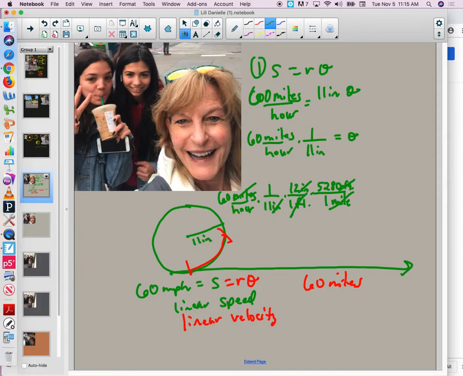Do y'all have any words on the top? There's no words on the top. What was theta in if you're using S equals R theta? Radians. So this number is in radians per hour. All right, if you want to get out your calculators, and in parentheses I would put 60. I don't like to keep up with the numbers as I go.